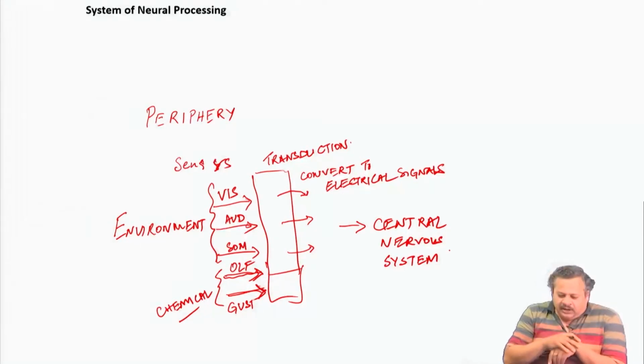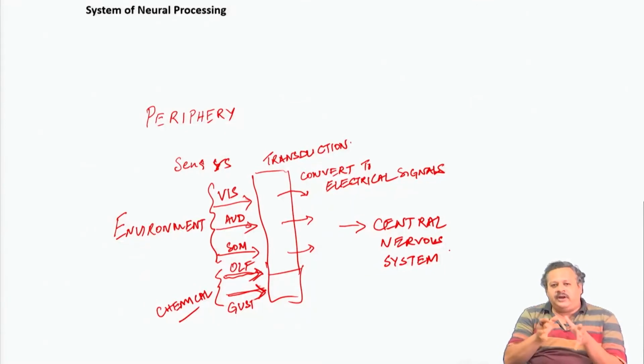The general principle is that at the very beginning, at the periphery, where these sensors are present, the first thing is breaking down the external world into very small discrete elements, or rather very simple elements.